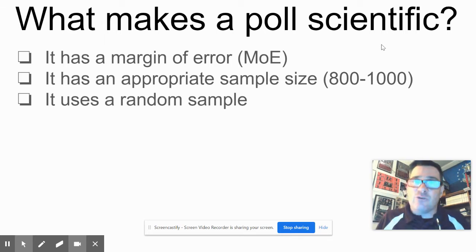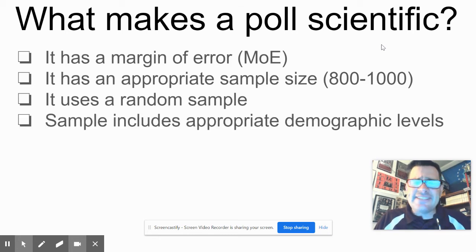You're getting a random sample that therefore makes it accurate. And the sample includes appropriate demographic levels. So you need to have the right number of men and women, ethnic groups, income levels, party identification. All of that has to be part of it.